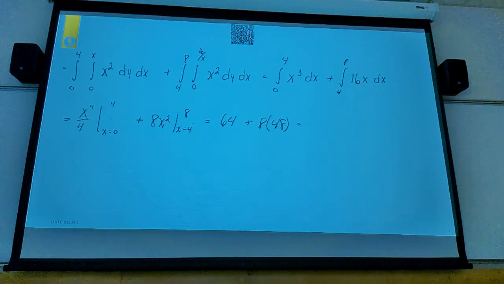Shouldn't be 38, is it? 384. I agree with 384. Right, 8 times 50 is 400 minus 16. And then 384 and 64 is 448. There is the integral.